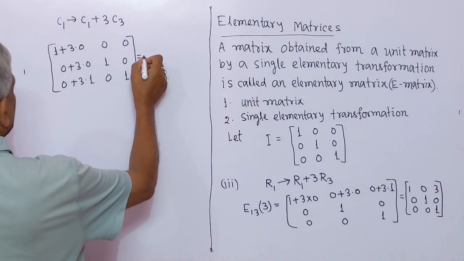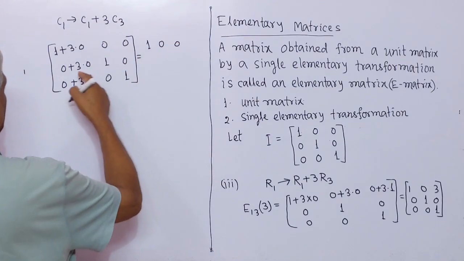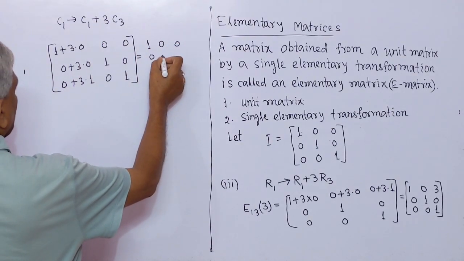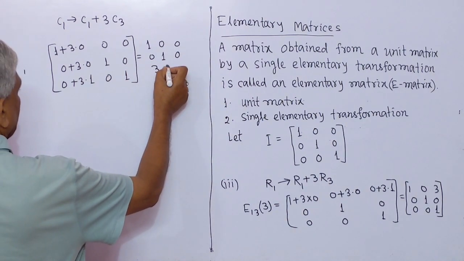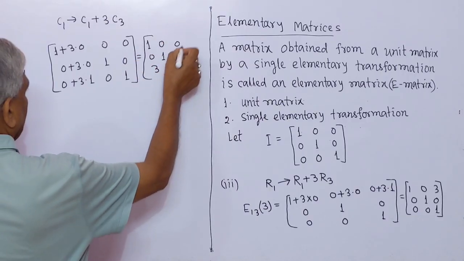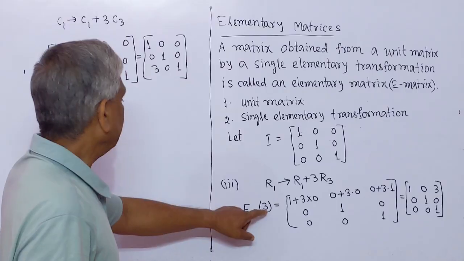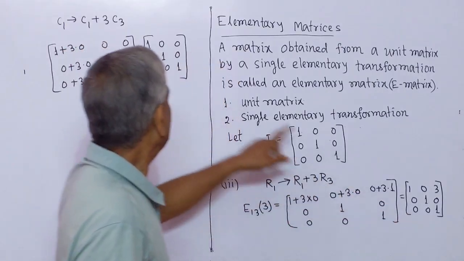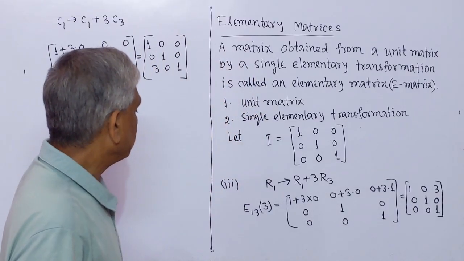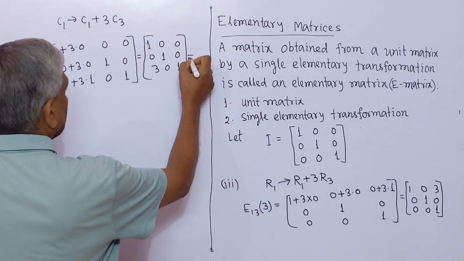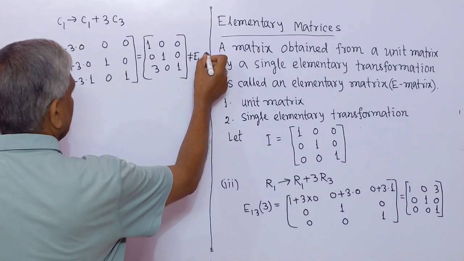This is equal to 1, 0, 0, then 0, 1, 0, then 3, 0, 1. Here we see that this matrix and E13(3) are not equal, so it is not equal to E13(3).